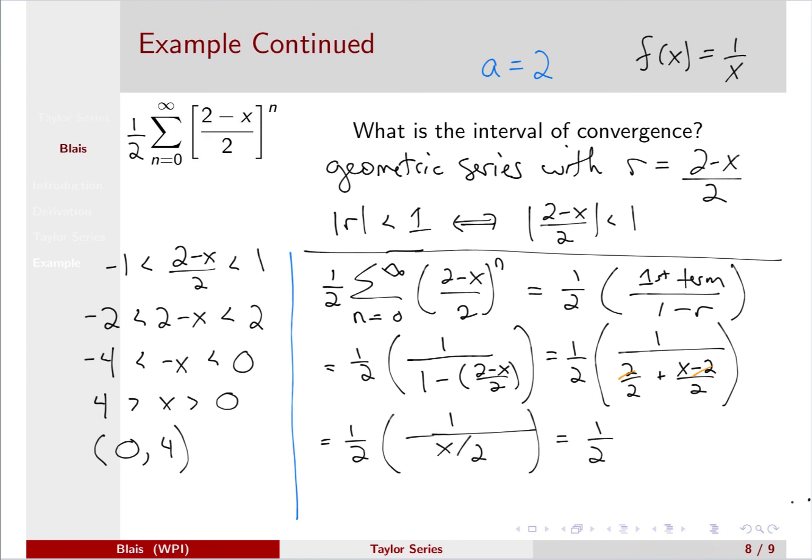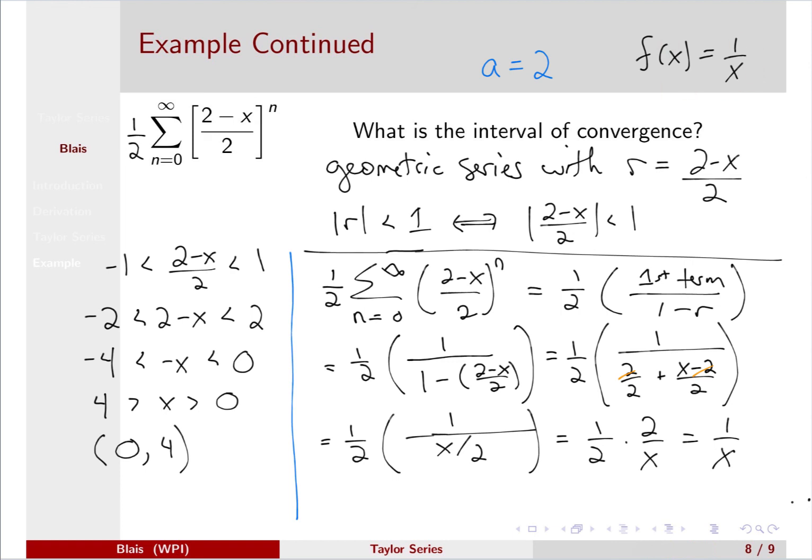Which we can write 1/2 times 2 over x, or 1 over x. So we see that it is in fact the case that if we choose x from the interval 0, 4, this power series, this Taylor series, is another way to write or represent the function 1 over x.